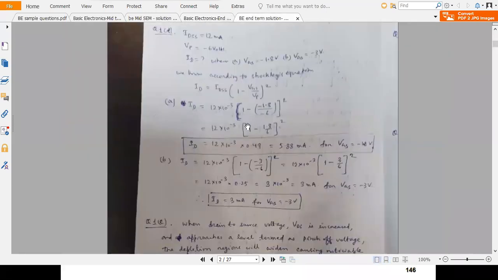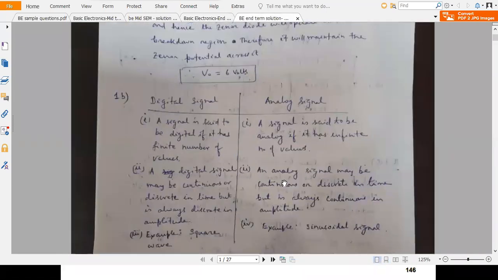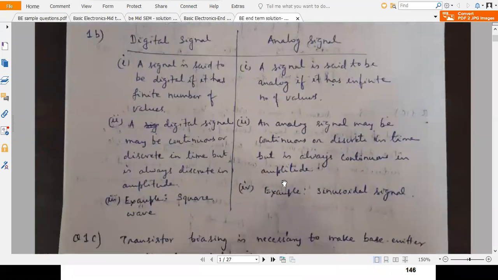One such question which was asked was the difference between digital signal and analog signal. Just I am telling you, if you have not remembered, just listen. So the signal is said to be digital if it has a finite number of values. Obviously, as I was discussing at the beginning, because we want to store in a digital computer, it has to have some finite number of values.